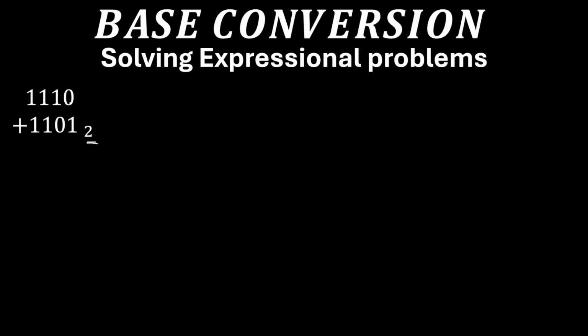Okay? So the first one is 0 plus 1. We have 1. You know 1 is not up to the base, so we write it because it's not up to the base value. 1 plus 0, we also have 1. So what is happening here? This is a kind of switch.